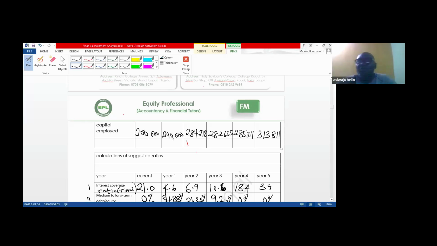If I repay part of the loan, will I pay interest on it? I collected $100,000 loan in year one. I paid $25,000. That means that $25,000 has been paid. Interest will only be computed on outstanding debt.